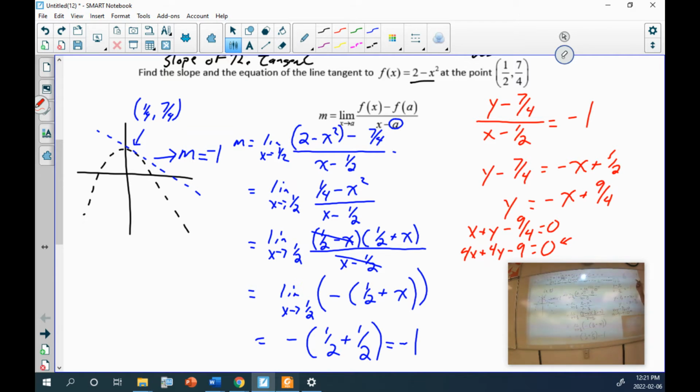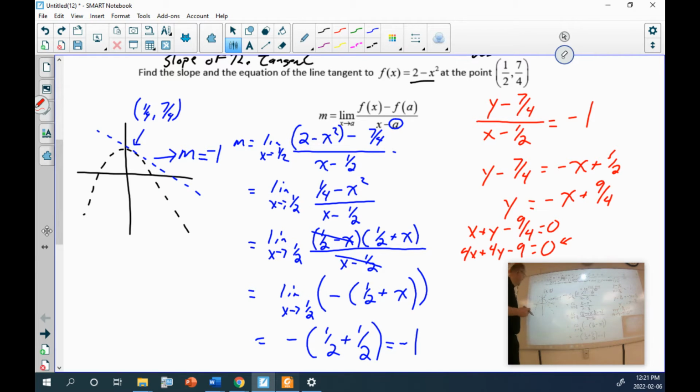Okay? So the definition is how we get the slope of the tangent line. And then we go back to our finding equations of lines that we used in grade 10. Now, I know mine might be slightly different than what Mrs. Lowy does.